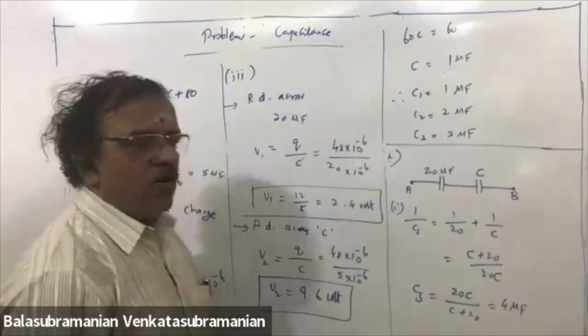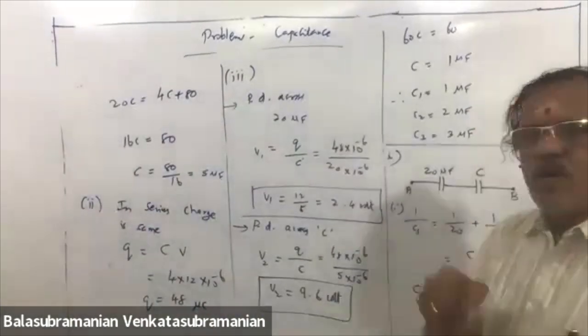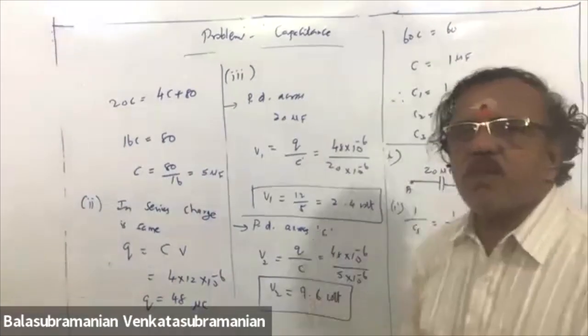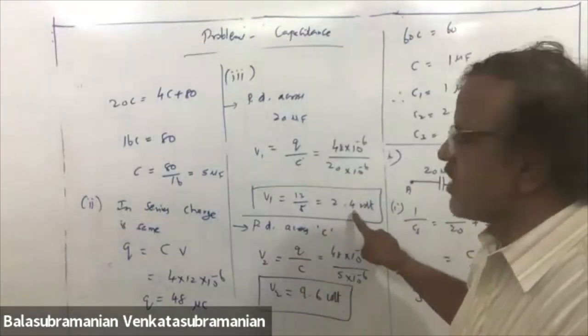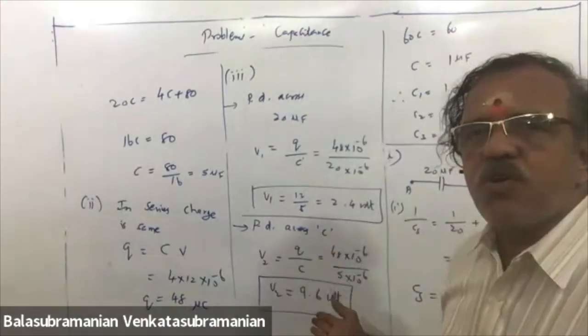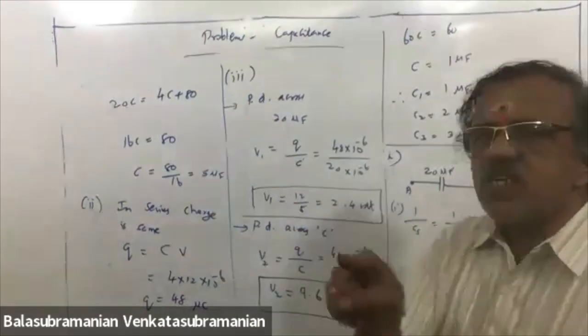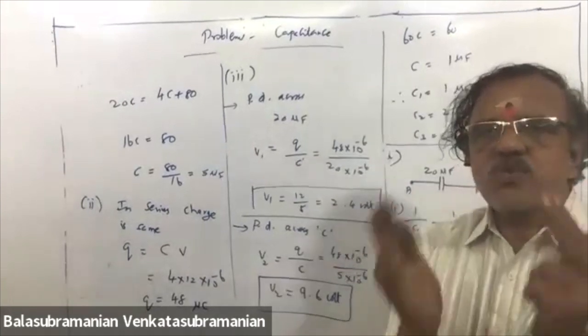Sir, total, you can cross check the answer. Total is 12 volts. V is equal to V1 plus V2 here. So, you have calculated 2.4 now. Without doing this, you can calculate V2. 12 minus V1 is V2. Total is 12.